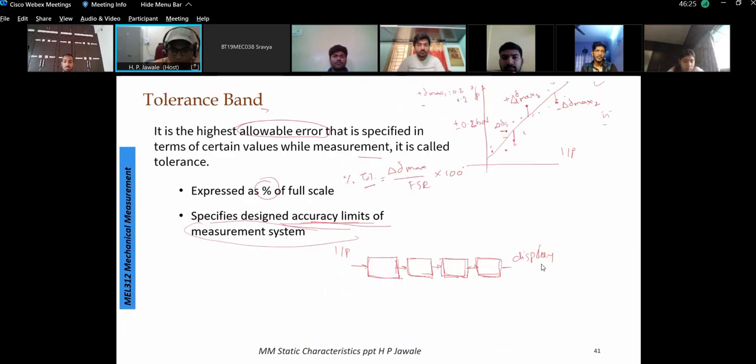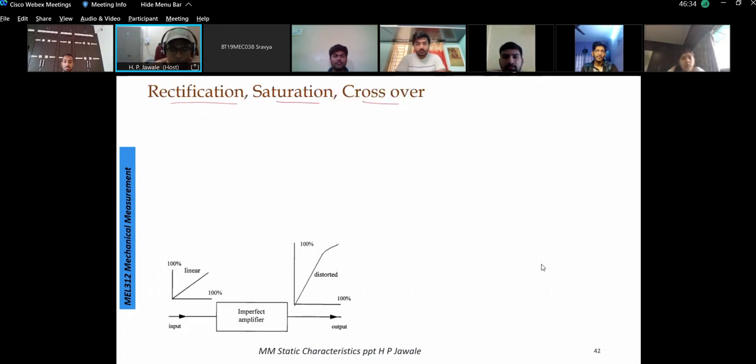Now, let us understand this VCE, the variable conversion element, and then we discuss this. Input to the VCE, let us say the VCE that we have shown in the earlier block diagram, is very linear. Say for example, there is a spring, and the deviation of the spring is going to give the deformation del.